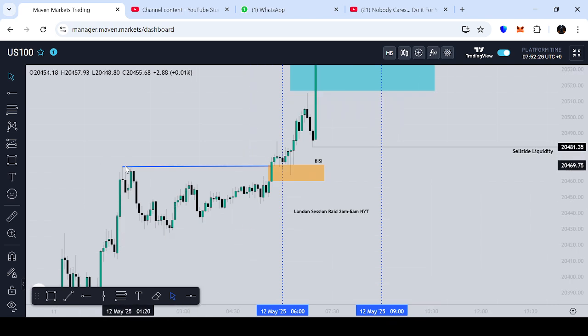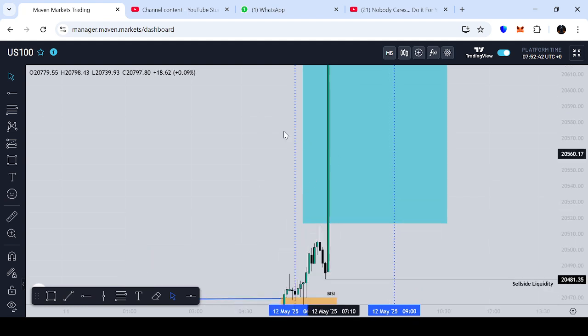After a break above here, fair value gap there, price created at 2 a.m. New York time. You see a delivery, a rejection block, then up there to the daily buy side liquidity.